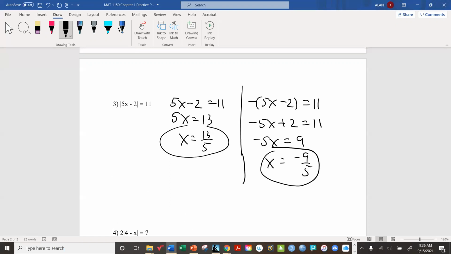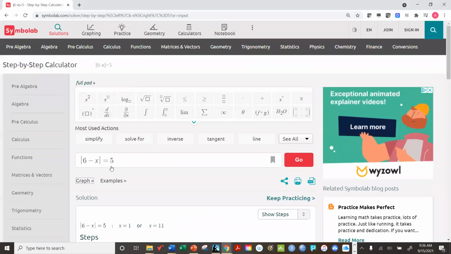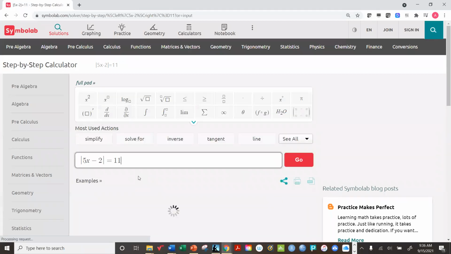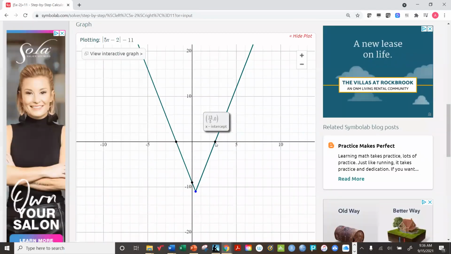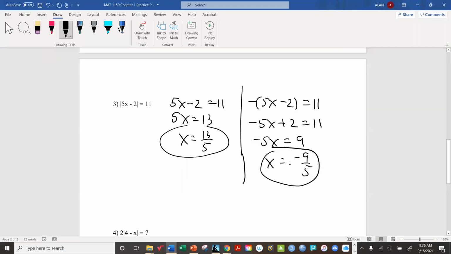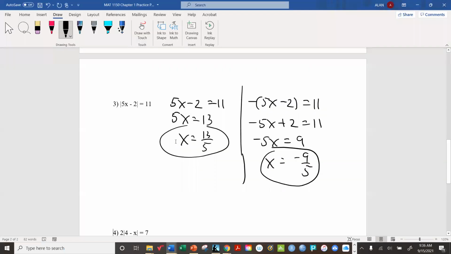Now let's go double check our friend Symbolab. 5x minus 2 equals 11. 13/5 and -9/5.